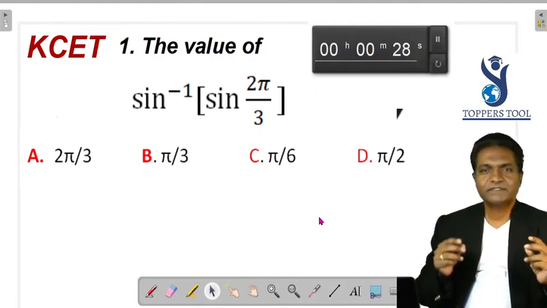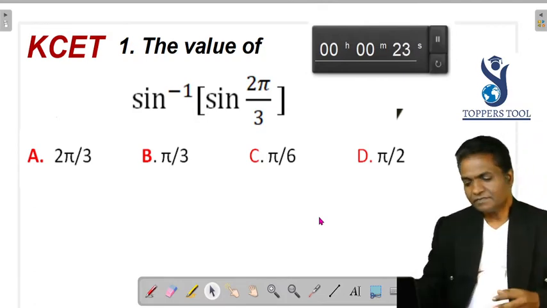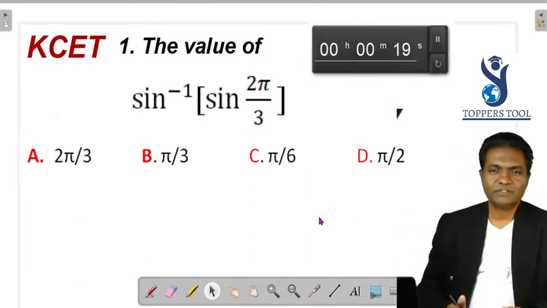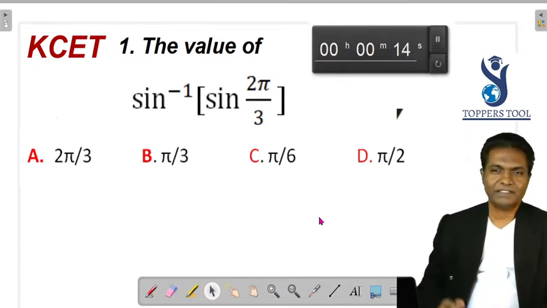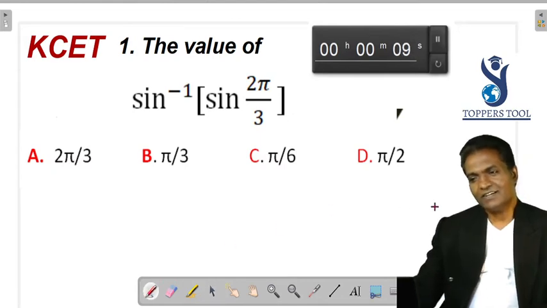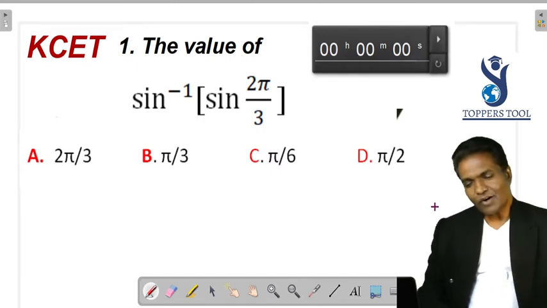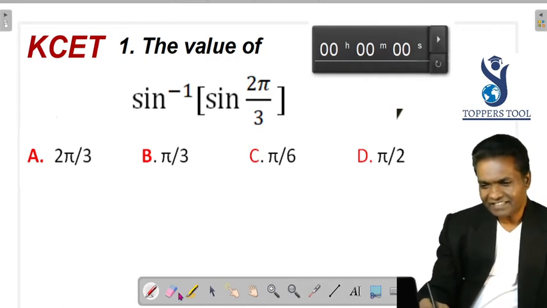Last 30 seconds. If you work, you will definitely get one of the answers. So don't guess. In mathematics, guessing is horrible. Last 10 seconds. 8, 7, 6, 5, 4, 3, 2, 1. Okay, not to worry, even if you did not get it, I will be explaining it.